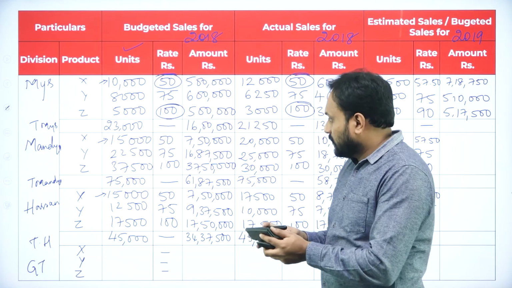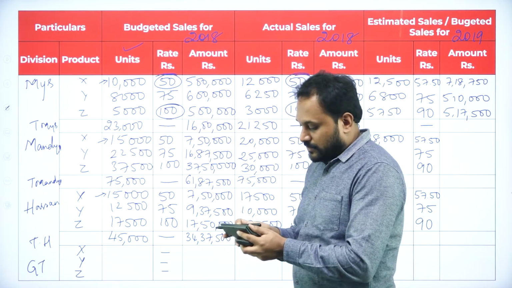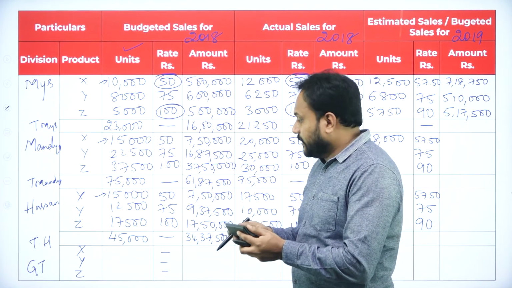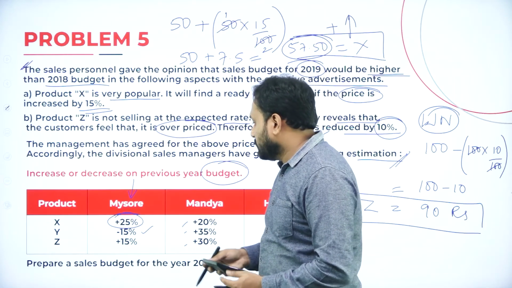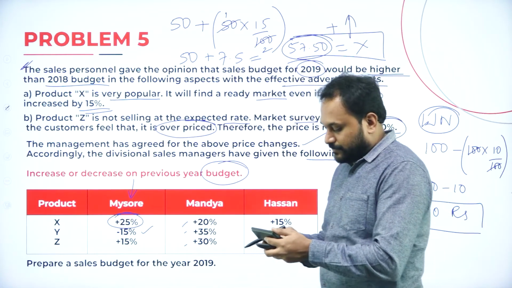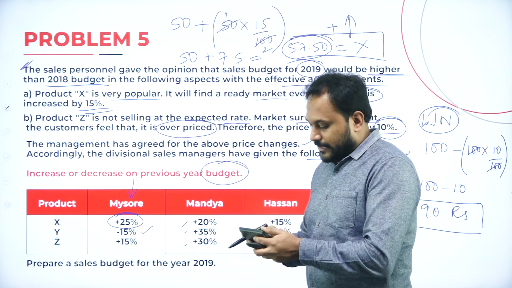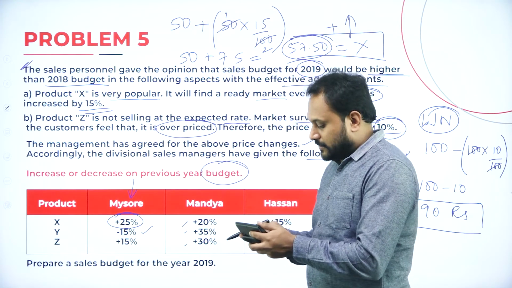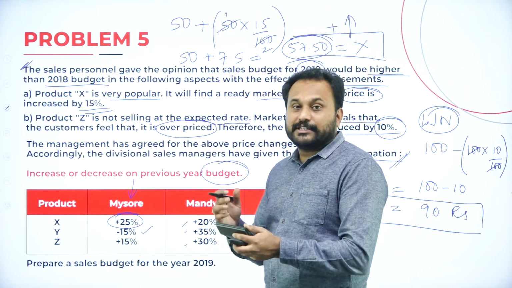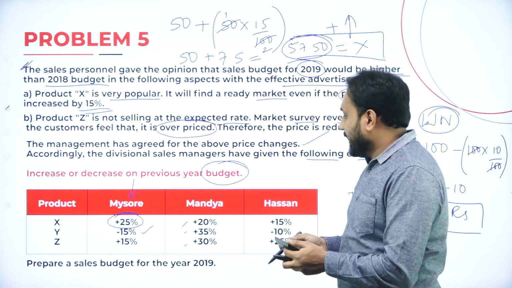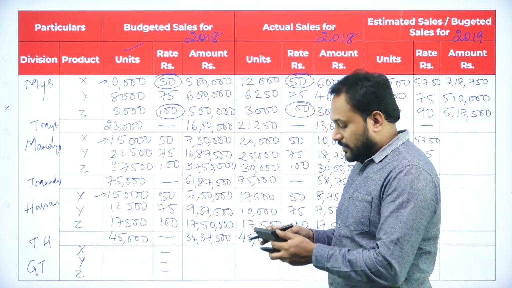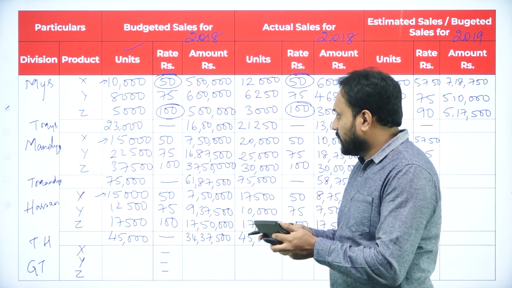22,500 into how much we are supposed to add is 35%. 35% is 7,875. Add it with 22,500.